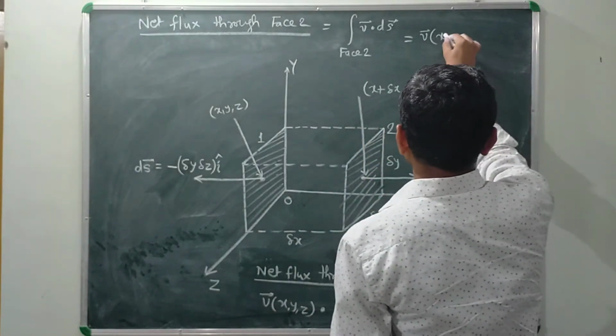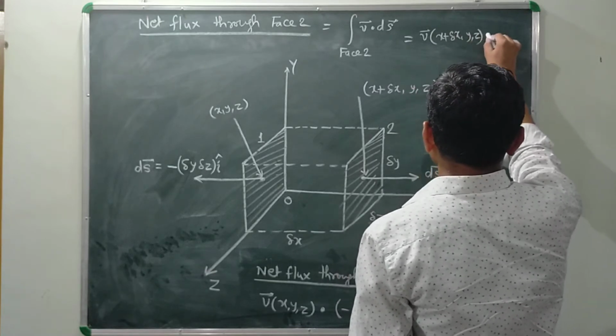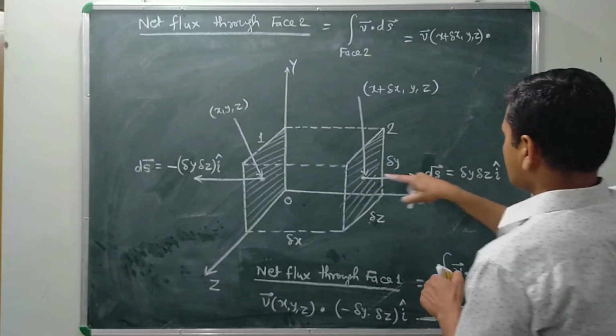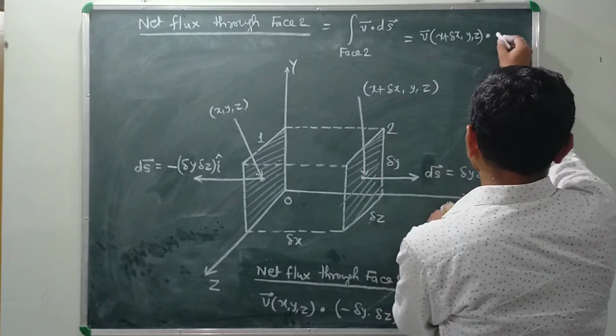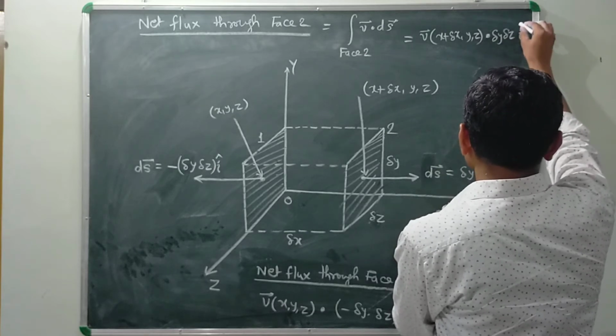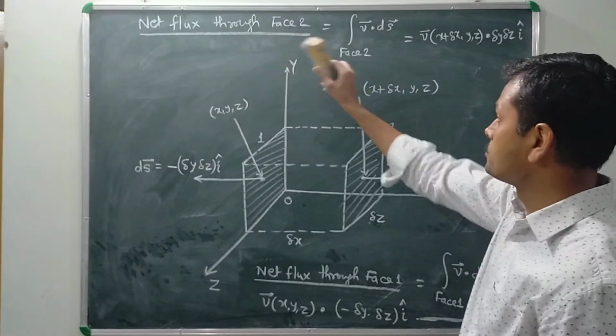This is your (x plus delta x, y, z) in dot product, and the area is delta y delta z into i cap. This is the net flux through face 2.